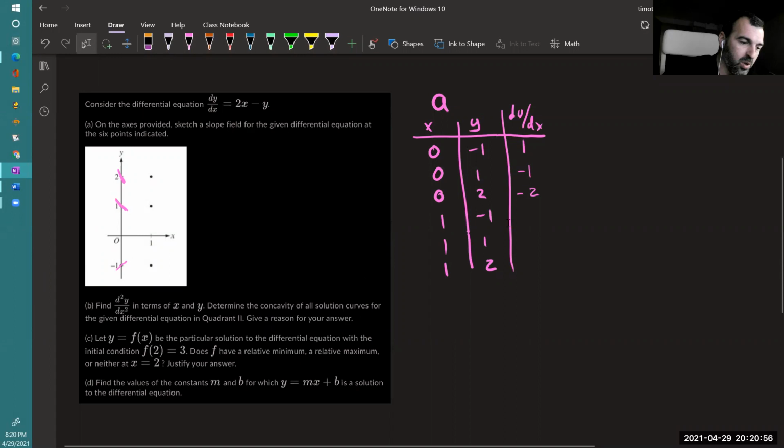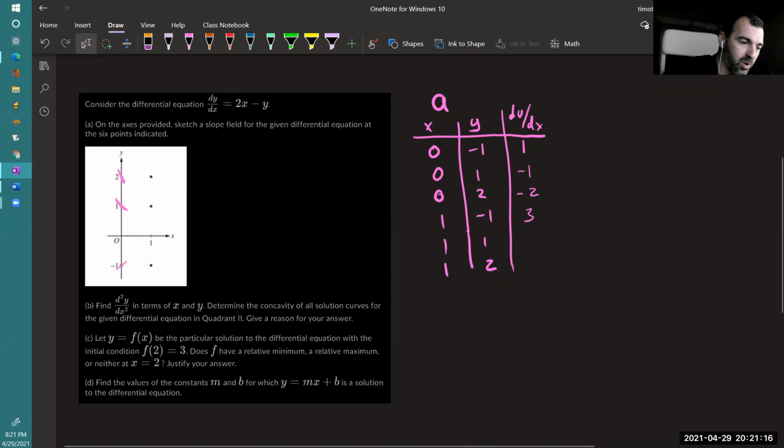Now I do the same thing here. So 2 minus, so I'm getting a slope of 3 here, right? Because I just plug my 1 in for x, and I plug my -1 in for y. So there it is, getting a 3. Plug my 1 in for x and my 1 in for y.